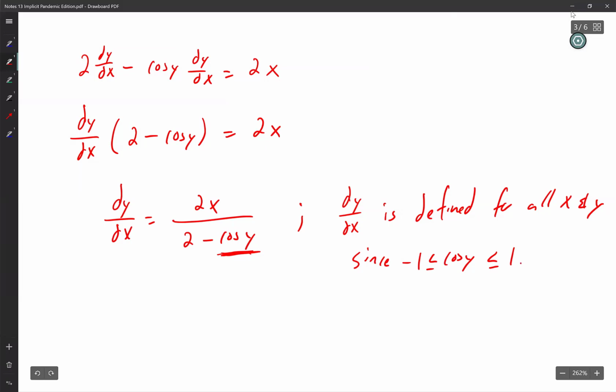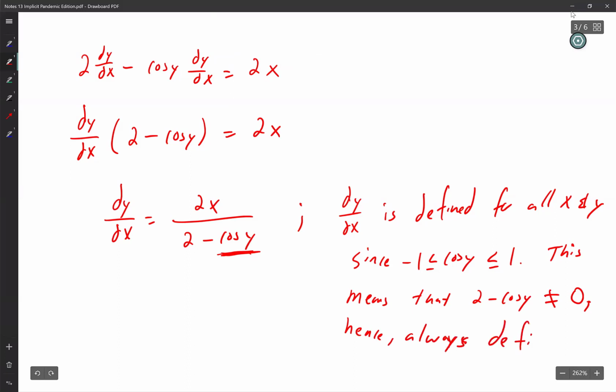Period. This means that 2 minus cosine y will never be 0. Hence, you know what? Turn that period into a comma. Hence, always defined. There it is.